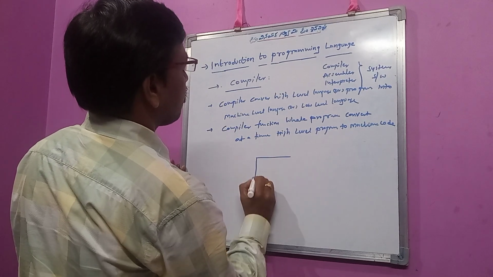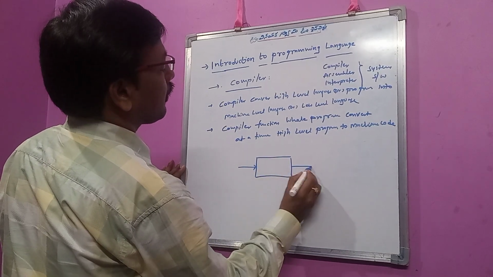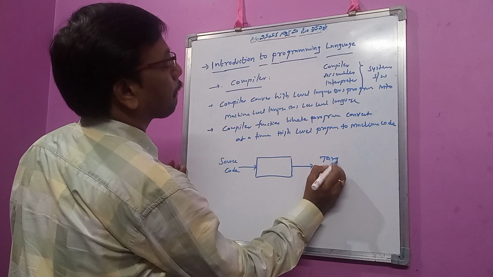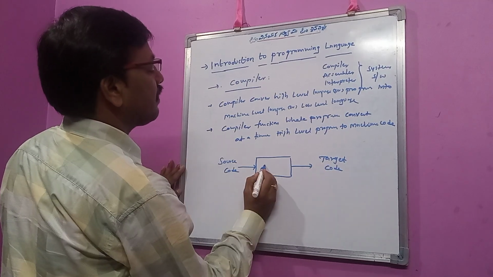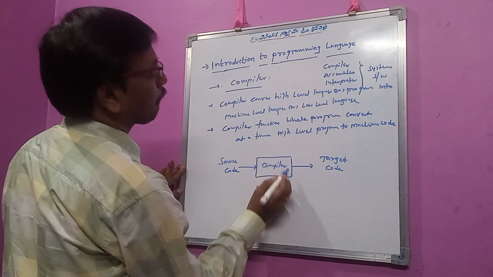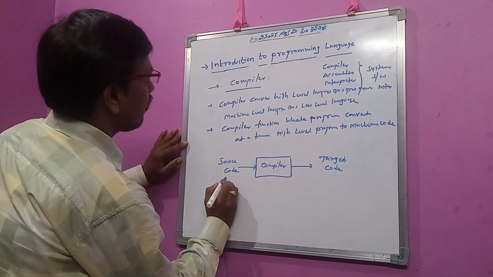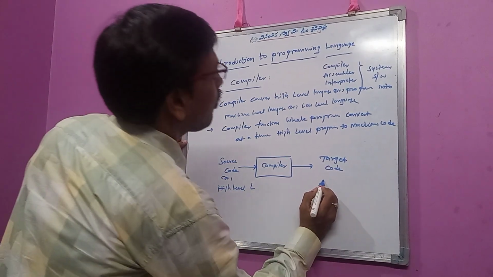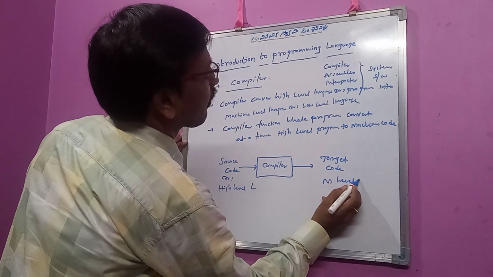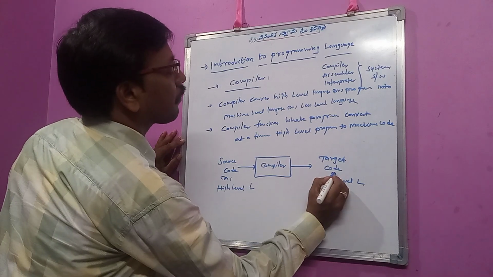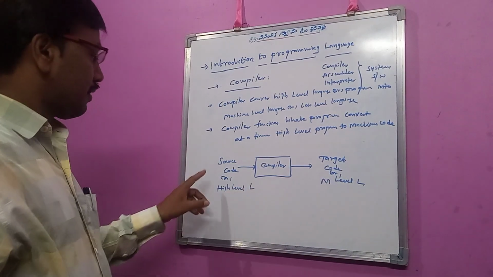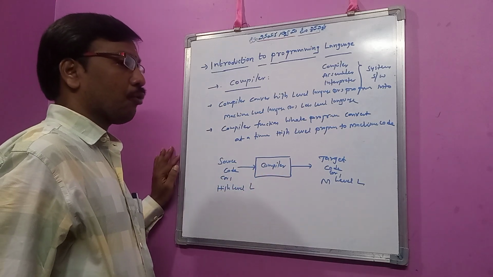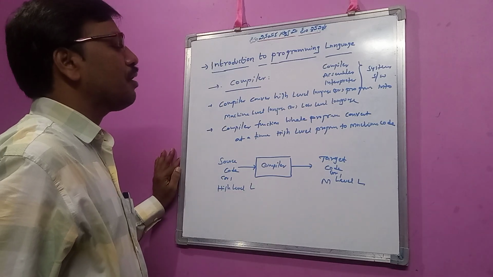Here you can see the structure: this is the source code, this is the compiler, and this is the target code. The compiler converts the high level program into low level, that is machine level code.